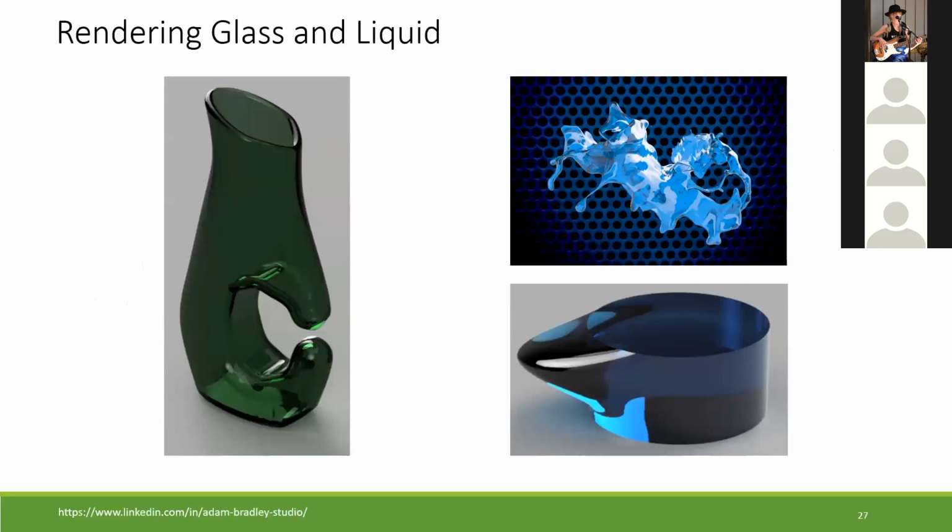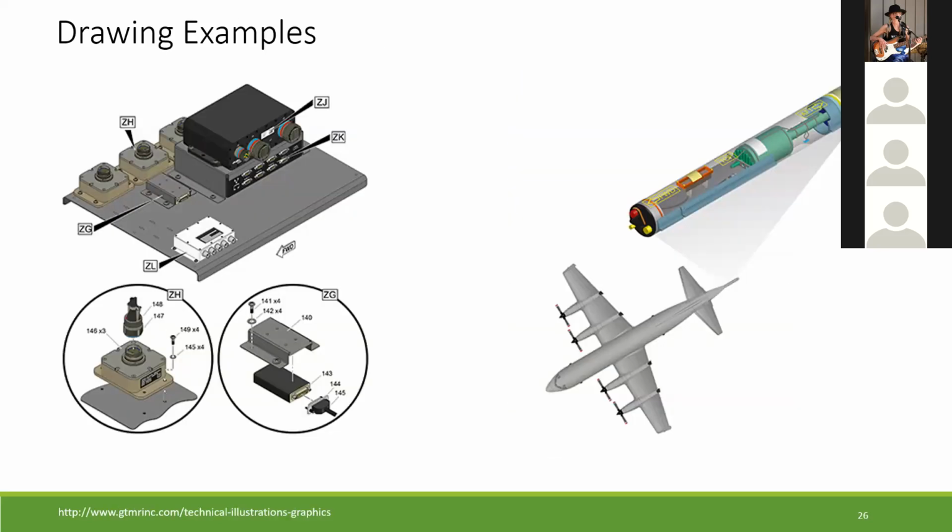Jean in the chat box says Creo Illustrate from PTC does isometric drawings based on CAD data from Creo CAD modeling software. Yep. I've used IsoDraw, and it's a decent program.